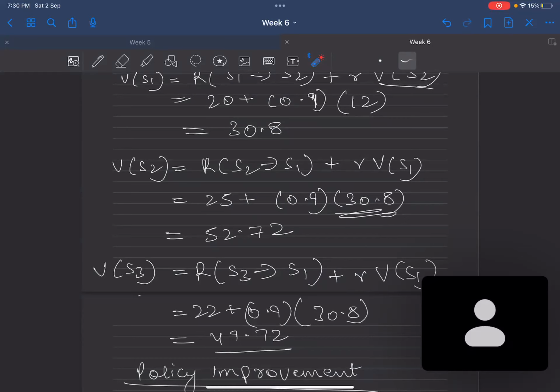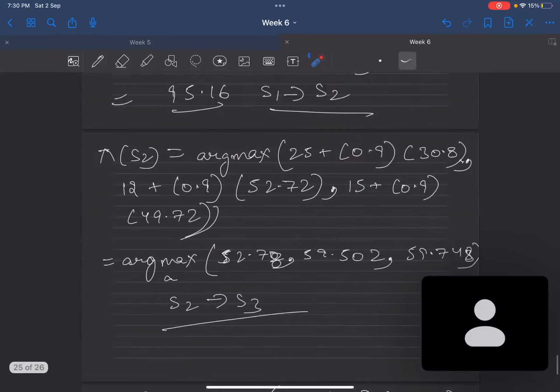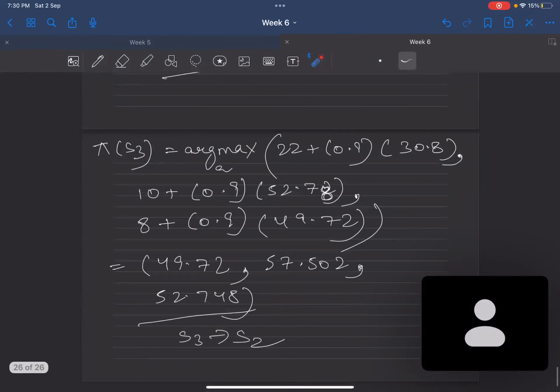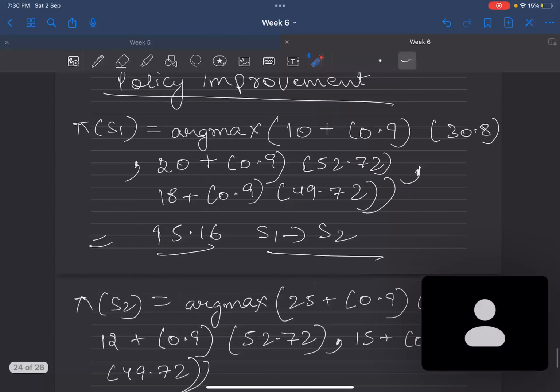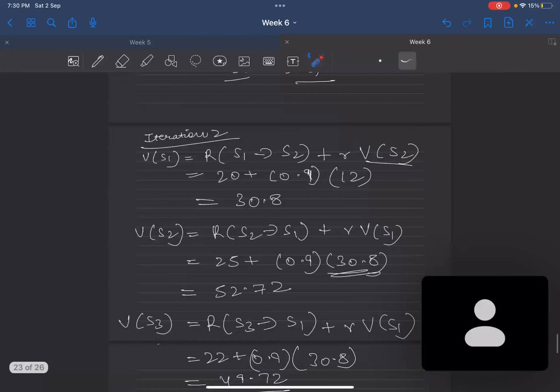Can you clarify the asynchronous part once more? Here, if I talk about V of S2, that is the reward plus gamma times V of S1. Now I'm taking V of S1 from this iteration only.